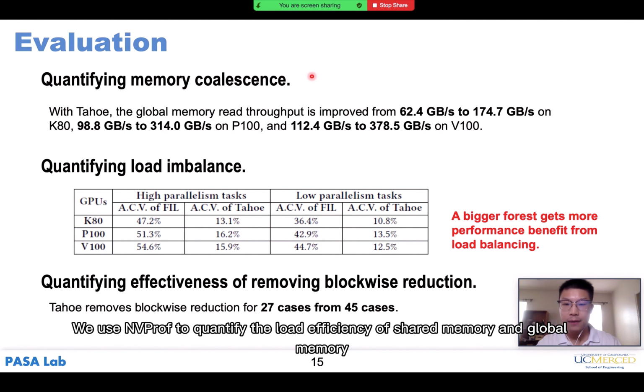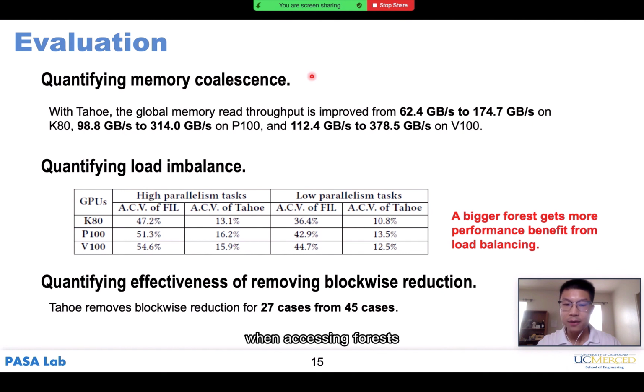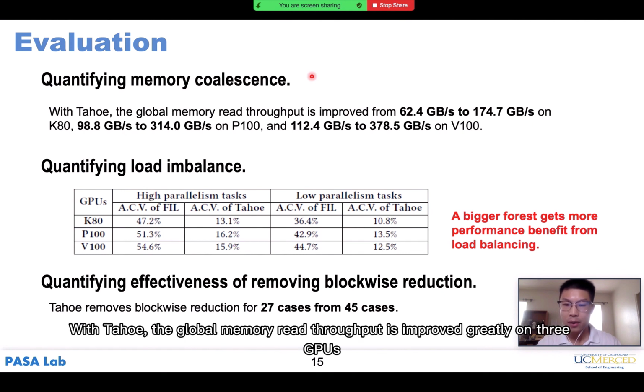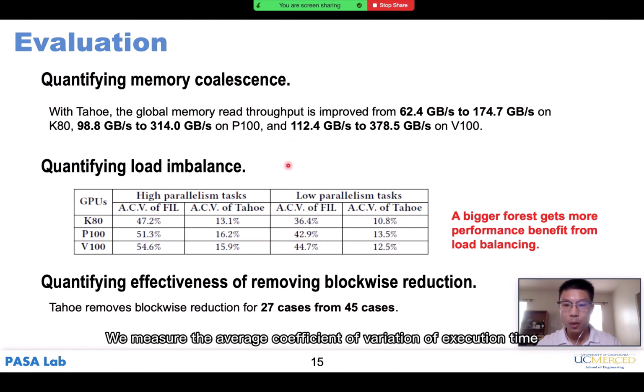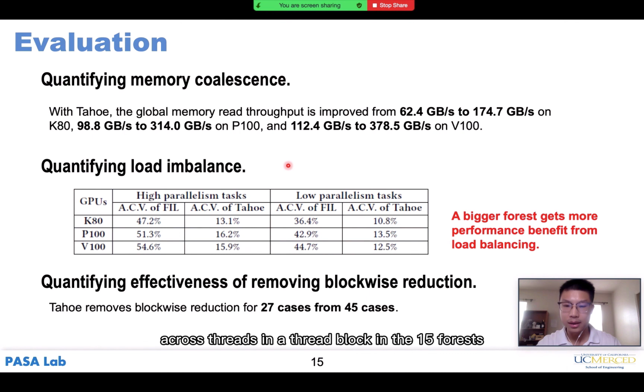We use nvprof to quantify the load efficiency of shared memory and global memory when accessing forests. With Tahoe, the global memory read throughput is improved greatly on 3 GPUs. We measure the average coefficient of variation of execution time across threads in a thread block in the 50 forests.